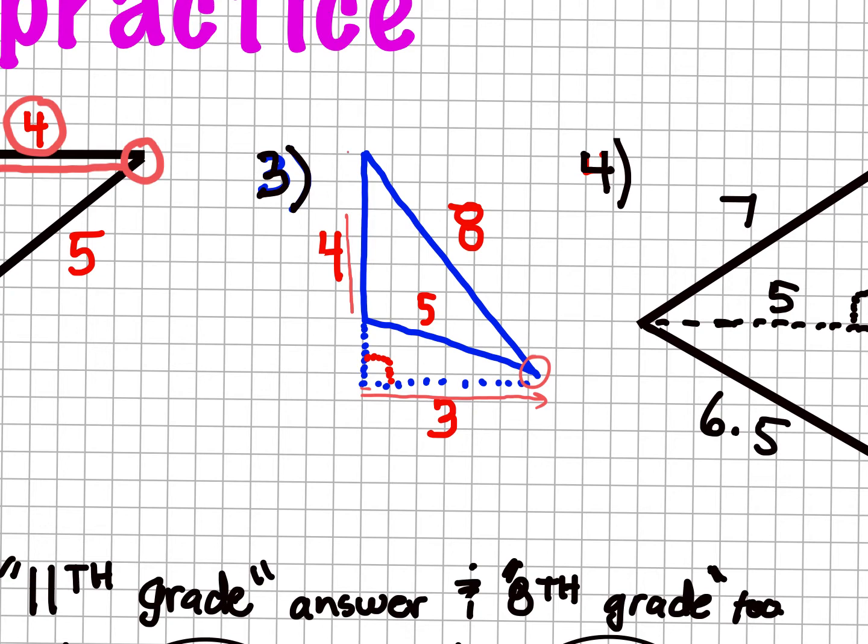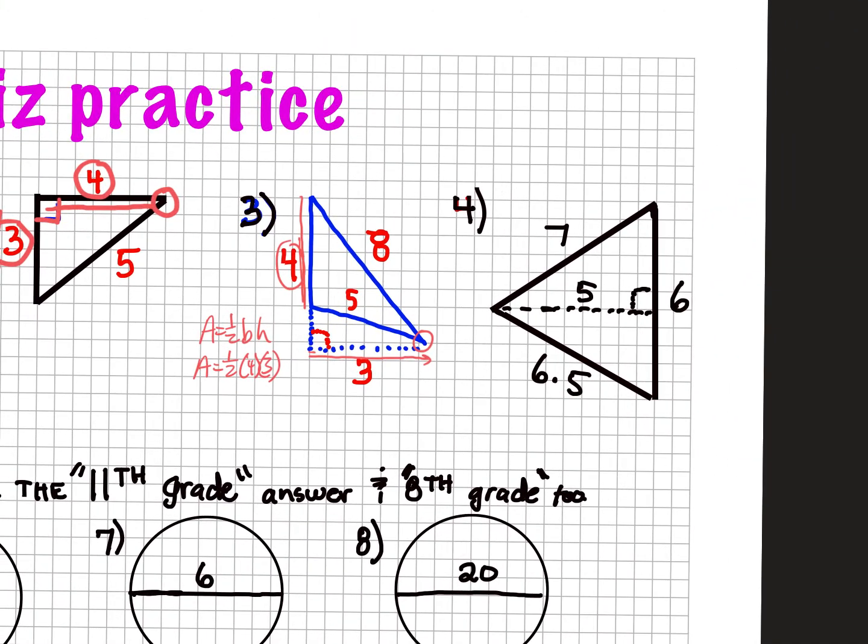So our base is 4, and our height up to here is exactly 3. So area equals 1/2 base times height, 1/2 times 4 times 3. Then see if you can figure out what the floor and what the height is for number 4.